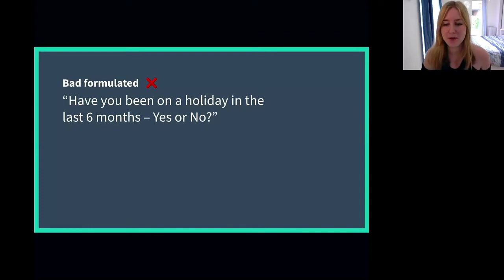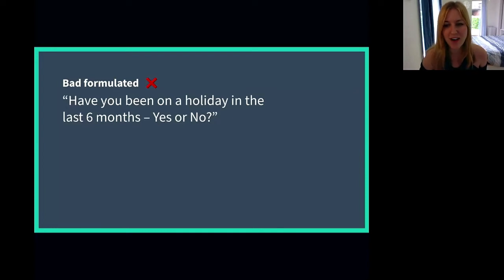This question is a problem actually, because people tend to say yes. They know that there is a higher chance that the company is looking for people who have traveled in the last 6 months, or people who have a Tesla, or people who have an account on a website, right? So they normally know how to do that.